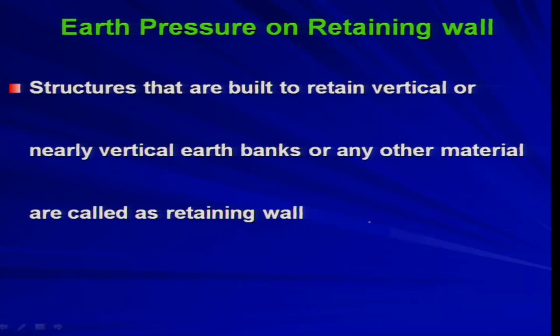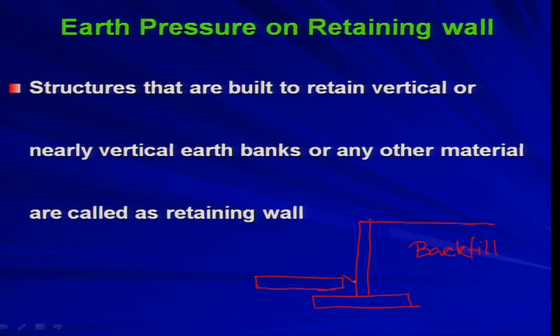Suppose you have this kind of wall, and on one side you have the soil. This is known as backfill, and on another side you may have a road or any other civil engineering structure, but this side will be filled with soil.